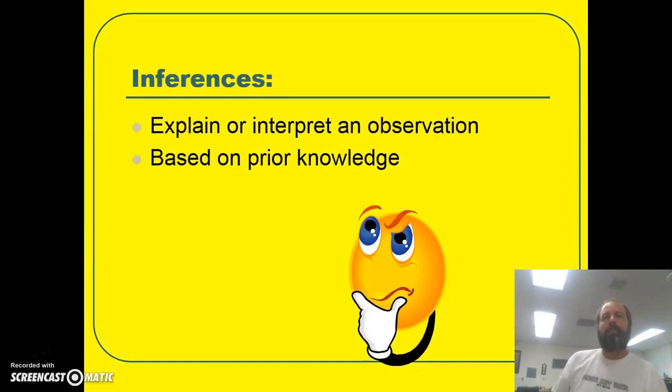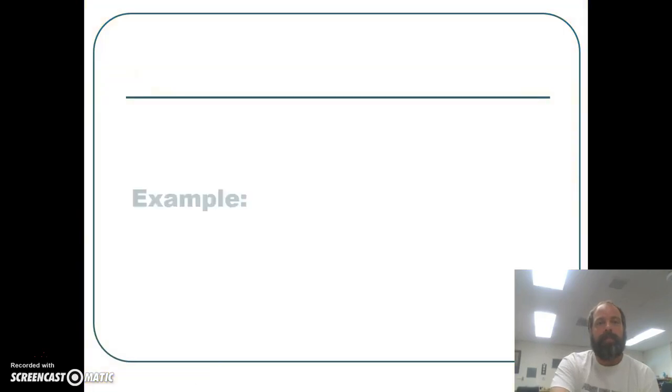An inference is based on observation, and you use prior knowledge. For example, if Jose is gone from school today, he was here yesterday, he was here the day before, he's gone today. Something that explains why Jose might be gone, an inference, would be Jose is sick today. So it explains what you observed. So that is an inference.